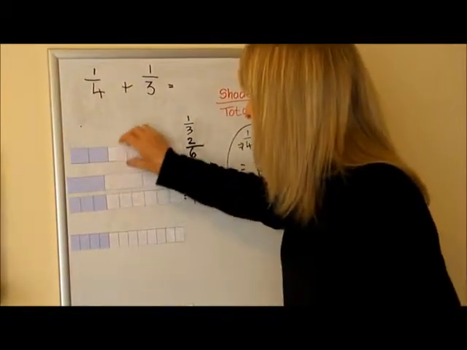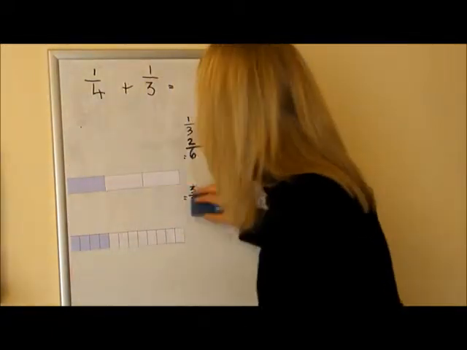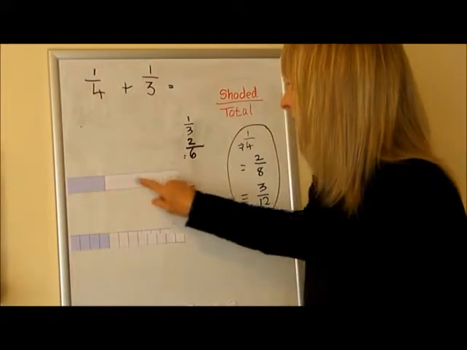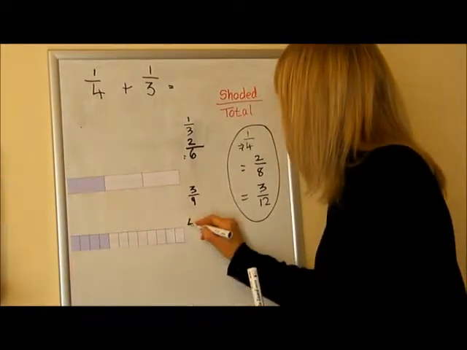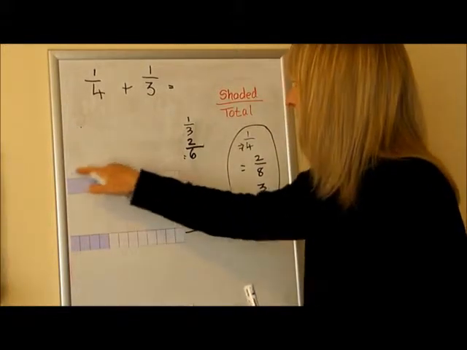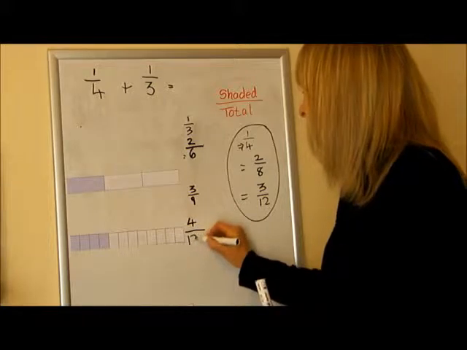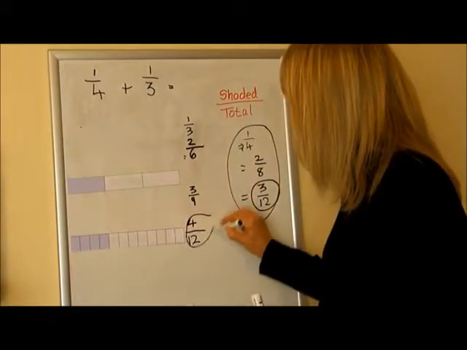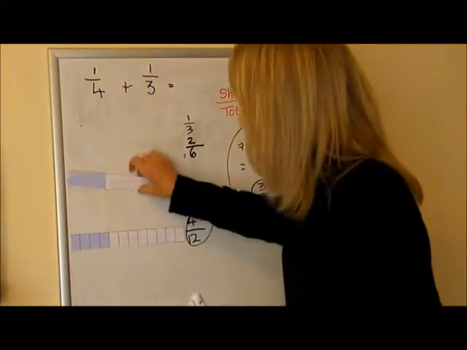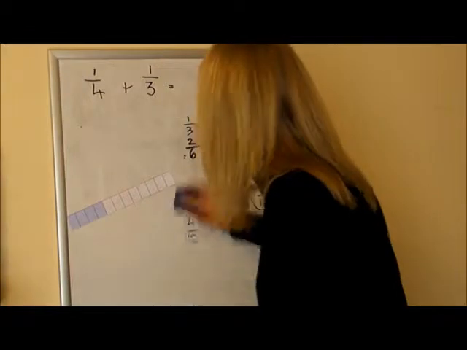I've got my original, I'll take those out of the way just to make it a bit easier to see. Got my original 1/3. I'm going to split this into 4 pieces. So now I've actually got 4 on the top line, and I had 3 pieces. Multiply that by 4, I've now got 12. And all of a sudden I've actually got 12ths there and 12ths there. So they're the ones I'm going to use.